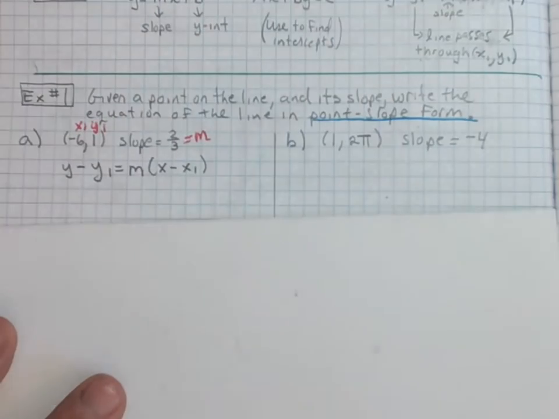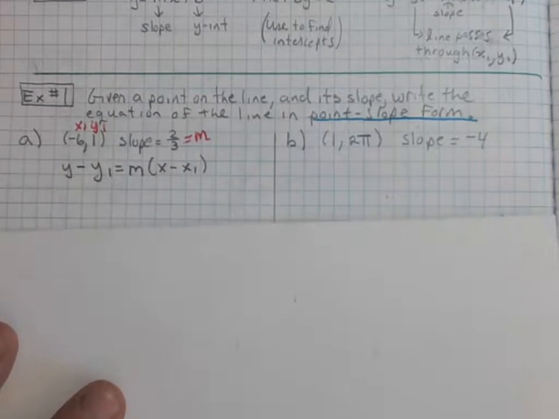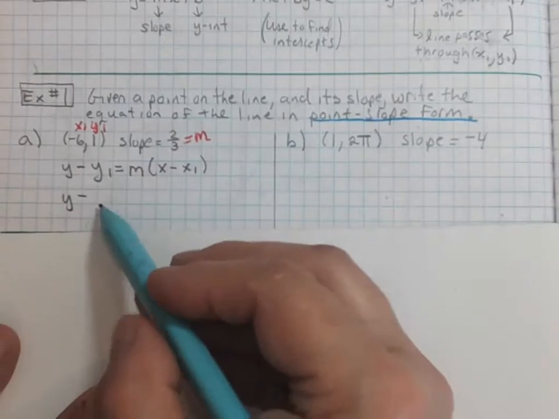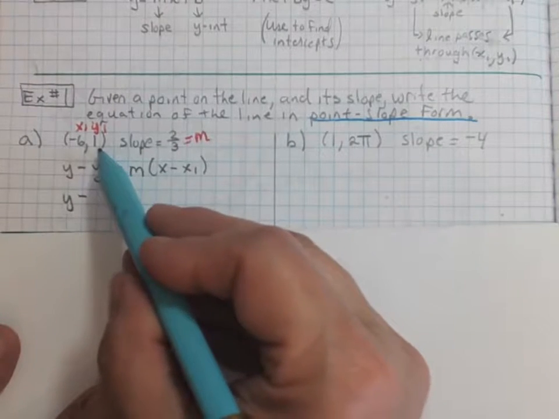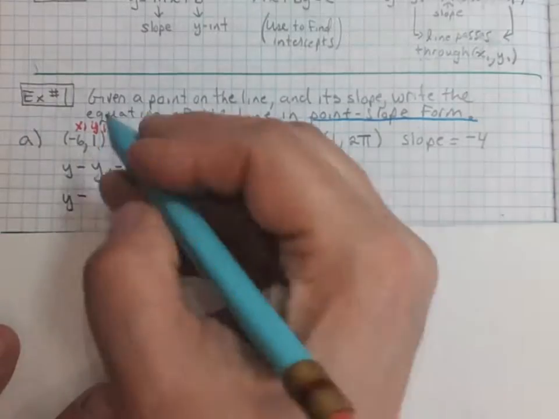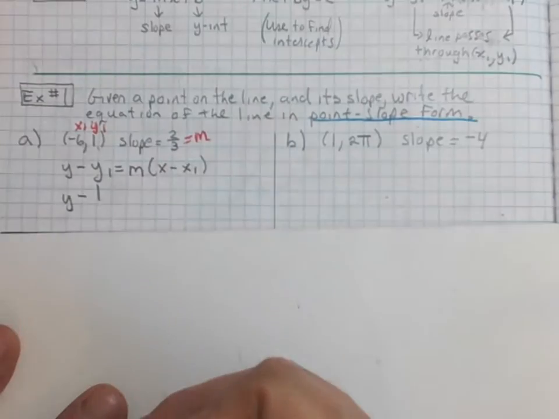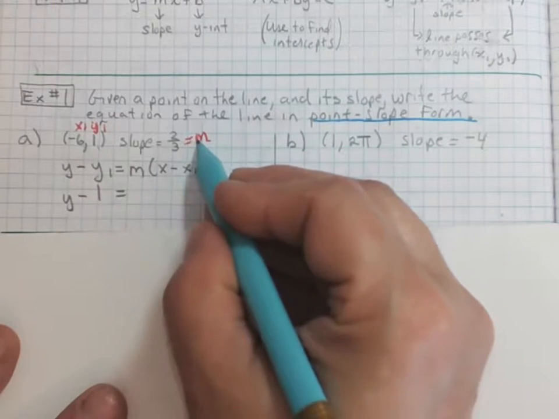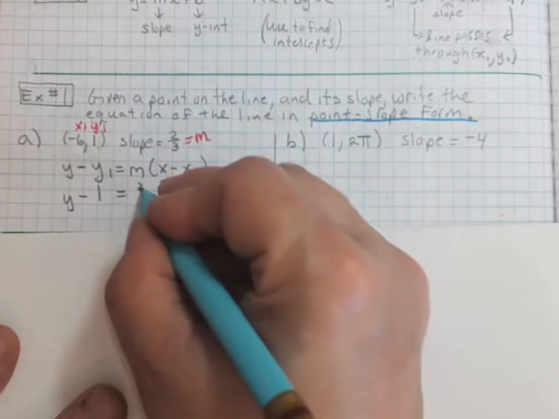So I'm just going to label everything, and then I just substitute those values in. So y minus, and now instead of y1, we put the number that is in that spot, so 1. Substitute that value in. Instead of m, we write the slope of 2/3.